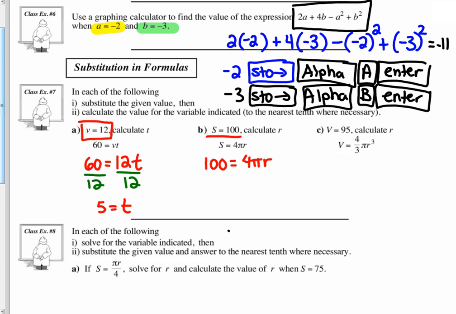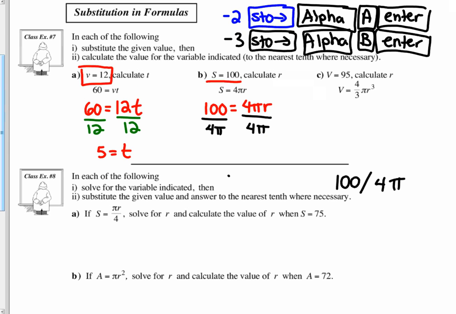I want to isolate the r. So how am I going to isolate the r? We could divide by 4 and then divide by pi, or we can do it all at once. Divide both sides by 4 pi. What you need to be very careful of is that your calculator does BEDMAS. If I type in my calculator 100 divided by 4 pi, what is it actually doing?